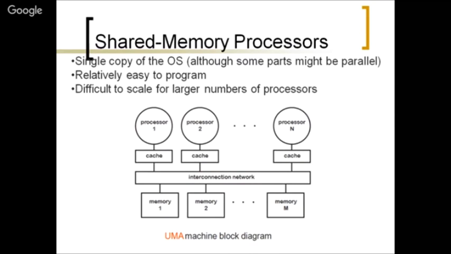It contains a single copy of the OS, which is relatively easy because we have the same OS and can program the different processes accordingly. But it has one problem: there is a limit, you can't scale up to a larger number of processors. If you go on increasing the number of processors, maintaining uniform memory access is difficult. So there is a scalability problem.